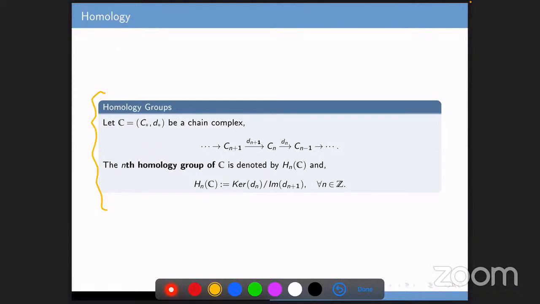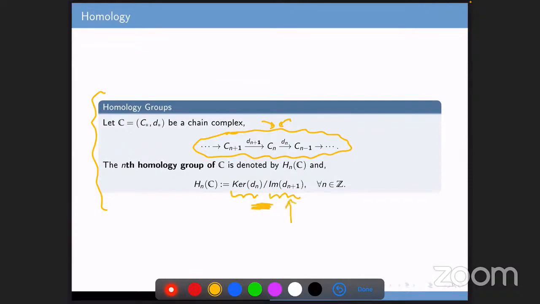Okay, the homology group is defined as follows. So we take a chain complex, right? This is our structure, and we have this kernel-including-image condition. The condition is satisfied, and the nth homology group of this chain complex is defined as kernel dn, quotient, image dn plus 1. All right, we are forming a quotient group here again, but we know that in general this image is not normal.